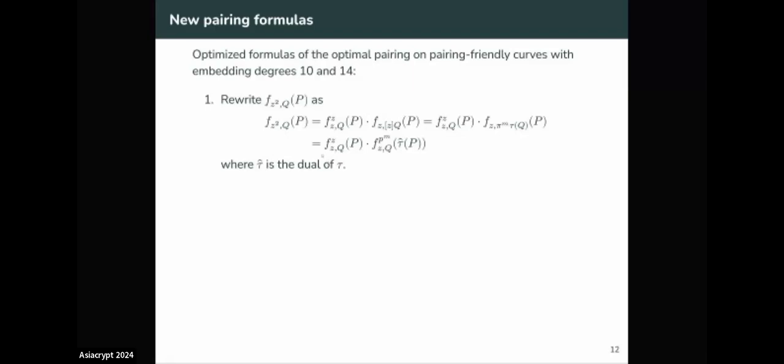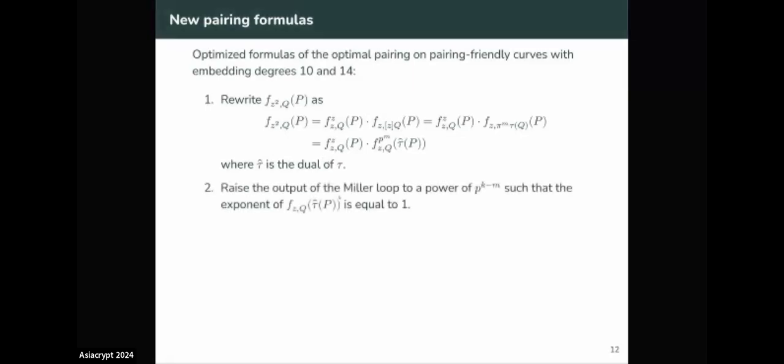In order to remove this penalty, we can raise the output of the Miller loop to the power of p^{2k-m} such that the exponent of the second function is equal to 1. Then we can combine the group exponentiation by z and the second function evaluation together to save several field squarings.